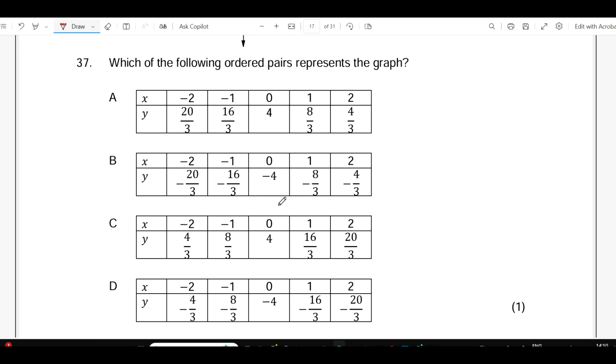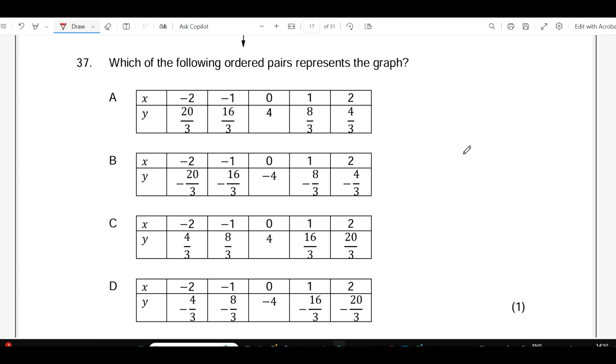Which of the following ordered pairs represents a graph? Which of the ordered pairs represents the graph?